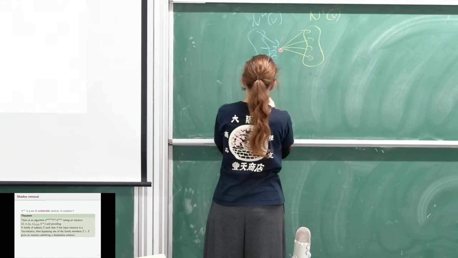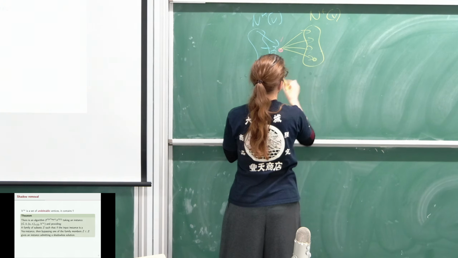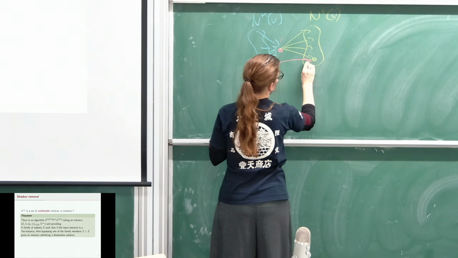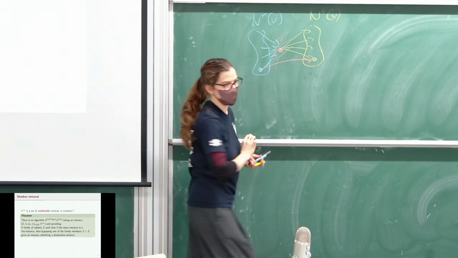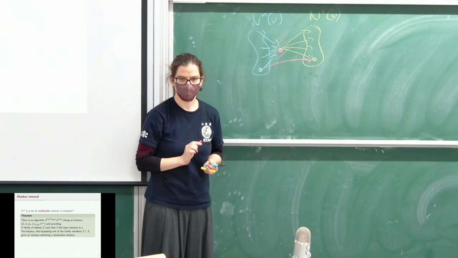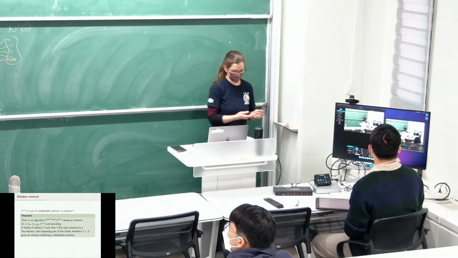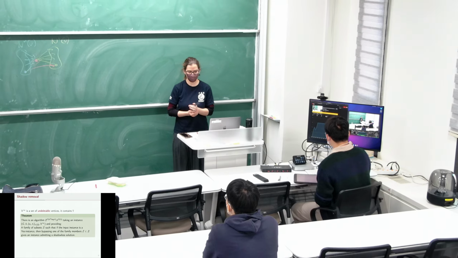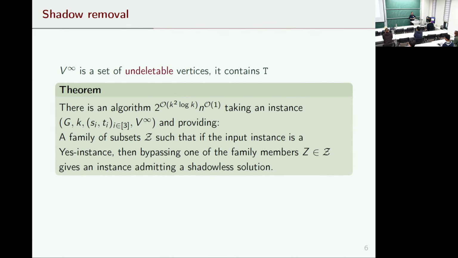For every vertex from the in neighborhood and every vertex of the out neighborhood, I add the edge between them. And then afterwards I get rid of V. So I find that one of the sets I can bypass, and then I find an instance that admits a shadowless solution.